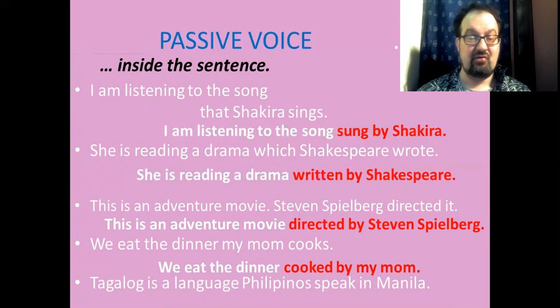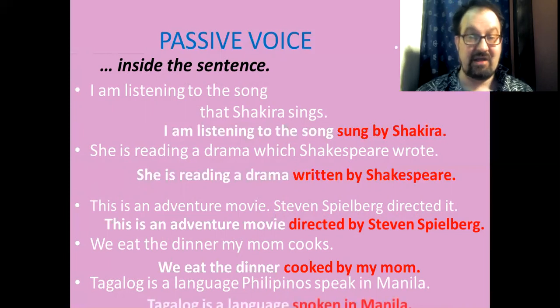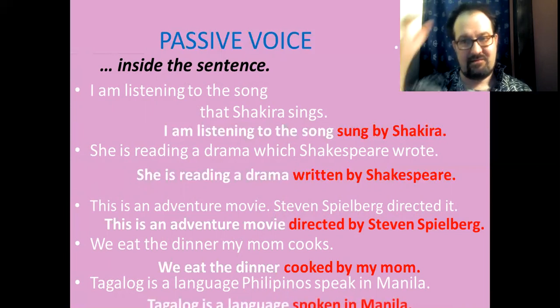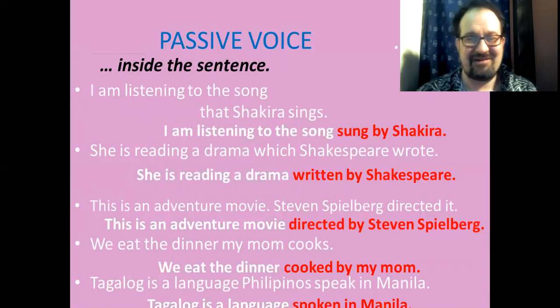And finally, Tagalog is a language. Which language? Tagalog is a language, okay? But what language is it? Which language is it? This is a language spoken by Filipinos in Manila. Manila is the capital city of the Philippines.